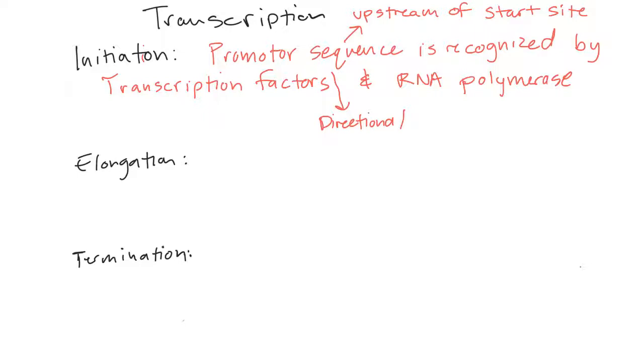Okay? So it's only on one strand of the DNA. It gears the transcription factors in the right direction so that then RNA polymerase is positioned at the start site and is now ready to start adding nucleotides.